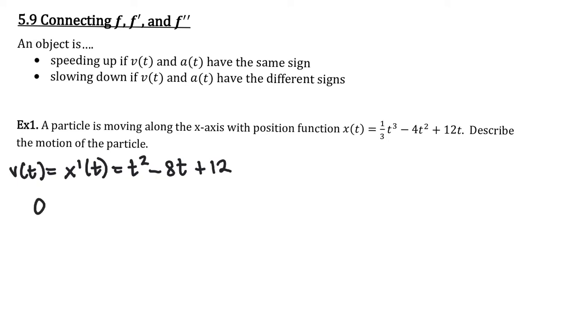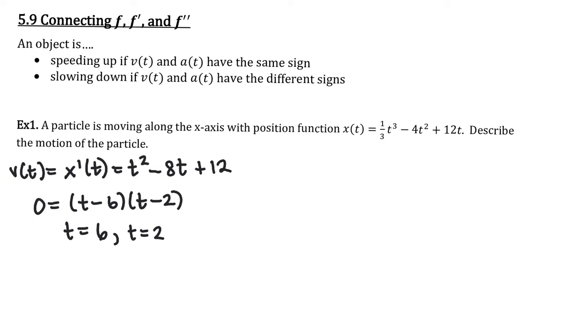So let's set this equal to 0. Did they give me units? No. At t equals 6 and t equals 2, the velocity is 0, which means it's probably changing direction, but something important is happening at t equals 6 and t equals 2.